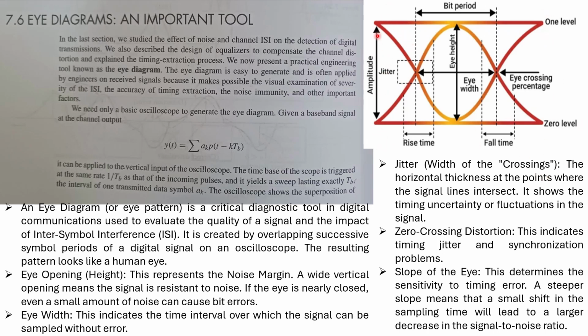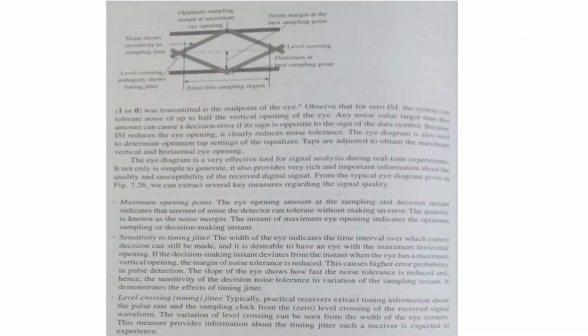But instead of a rectangular function, this is making something like an eye diagram. So if your eye opening height is good enough, then noise is less, and if it is closer, noise is very high. So this is the summary here.